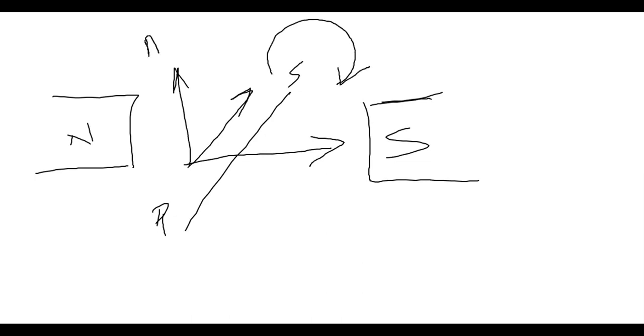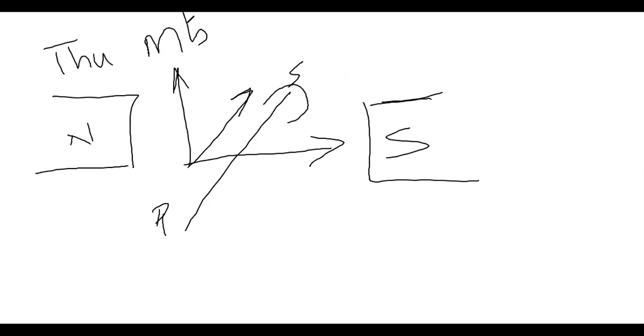So this is your movement. This is your thumb, facing in that direction. This is your current flow, which is your forefinger. So this is your forefinger or current.